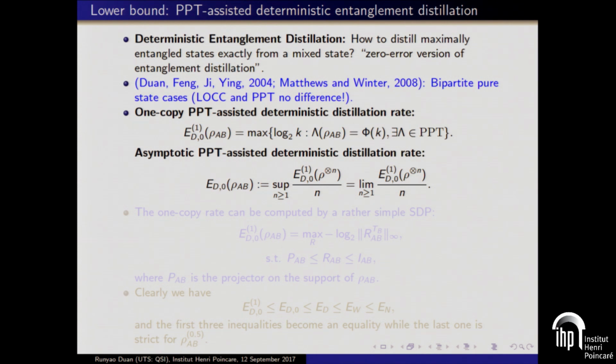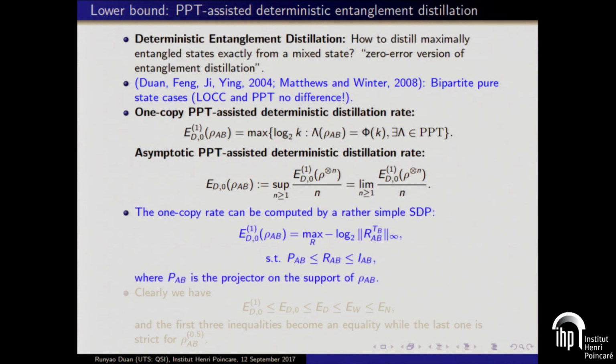Okay, so this is a very interesting property. We can see that this quantity is very easy to calculate, because this class of operations is PPT, so we can actually find an SDP to calculate this number.